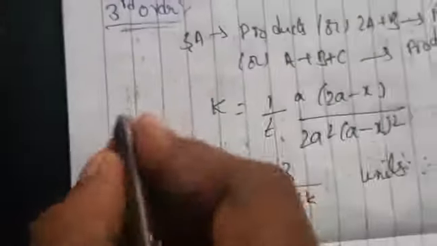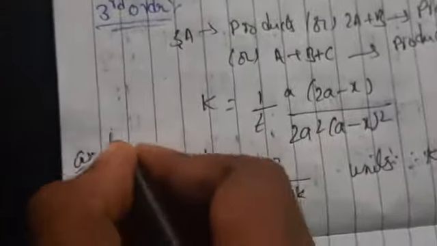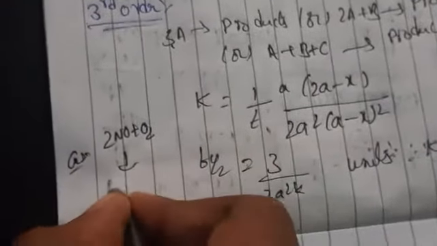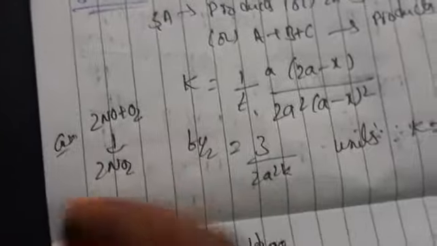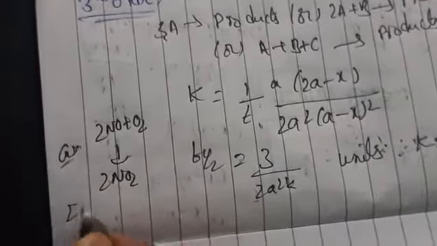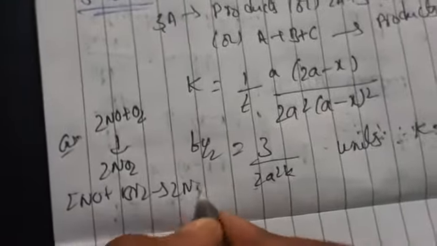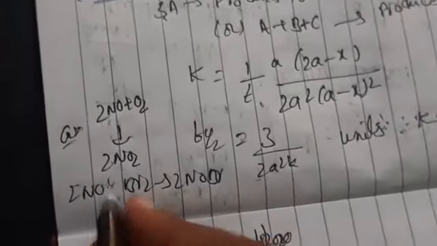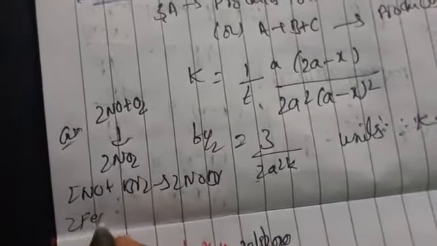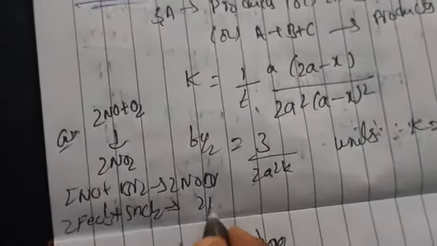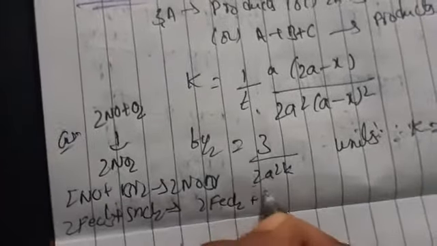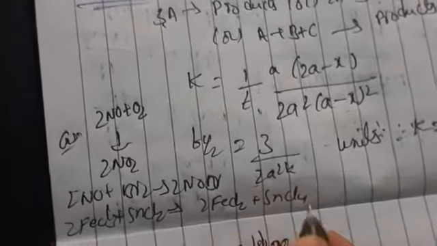Here examples we can take as 2NO plus O2 gives rise to 2NO2, and also 2NO plus Br2 gives rise to 2NOBr, 2FeCl3 plus SnCl2 gives rise to 2FeCl2 plus SnCl4.